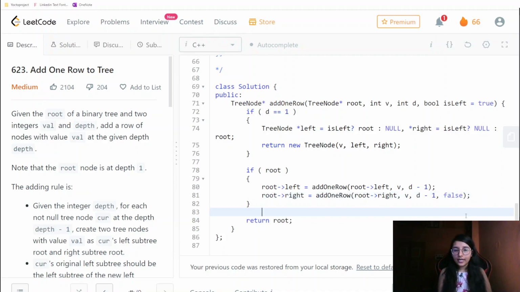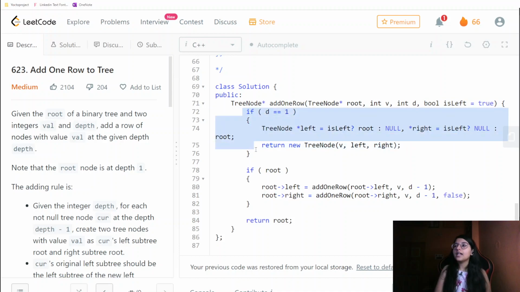It simply signifies that even if at a particular level we have our depth, and we don't have any left value at that moment, we will still be able to handle that particular thing. That's why we are passing false here, and for the left it will always be true, because at the start we pass true.